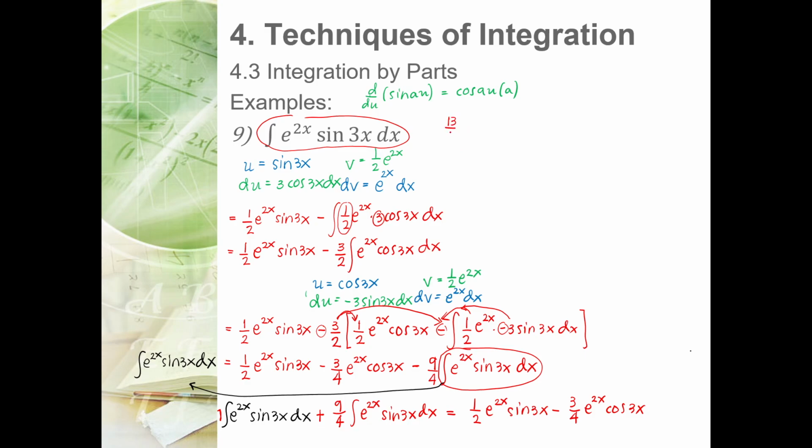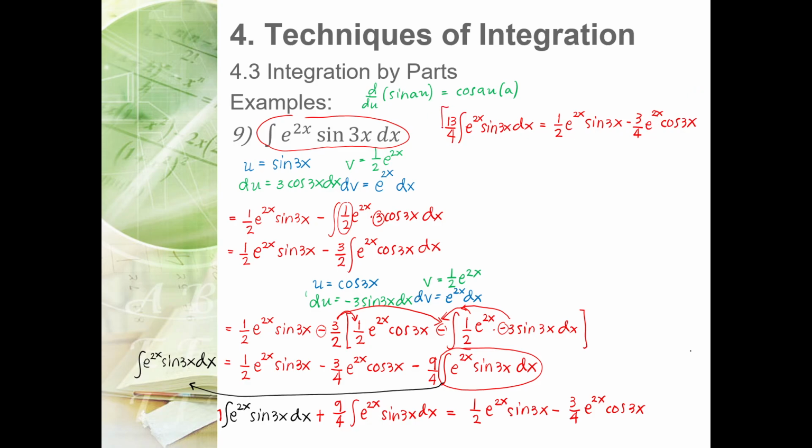So 13 over 4, the integral of e raised to 2x sine 3x dx is equivalent to 1/2 e raised to the power of 2x sine 3x minus 3/4 e raised to the power of 2x cosine 3x.